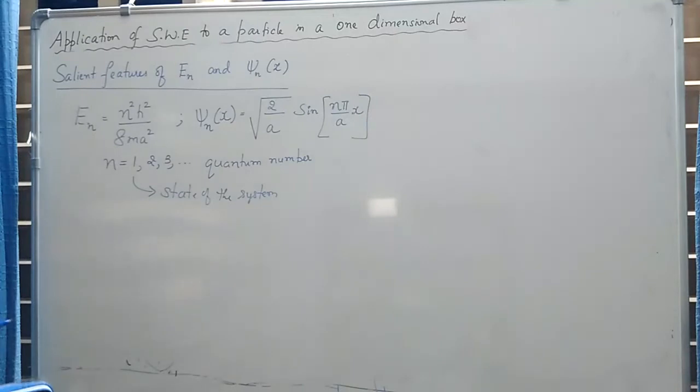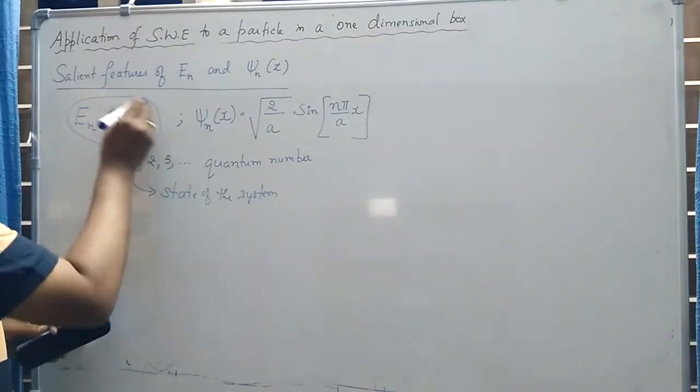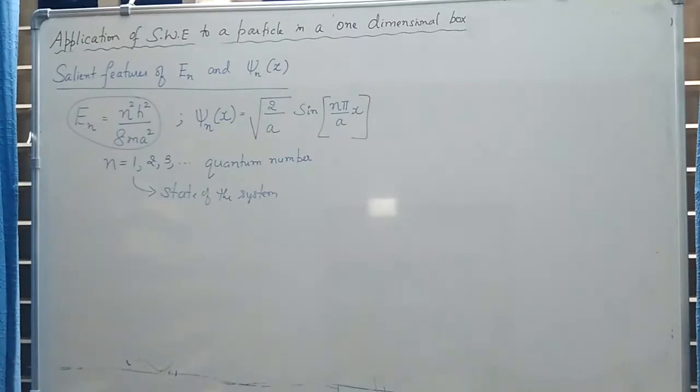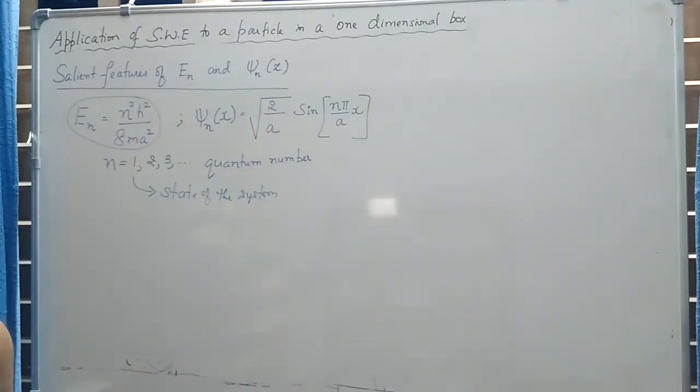Now let us concentrate on this expression and try to list out some important features that we observe. Whatever points we are listing down now are only applicable for the particle in a one dimensional box.